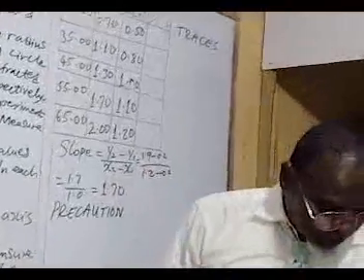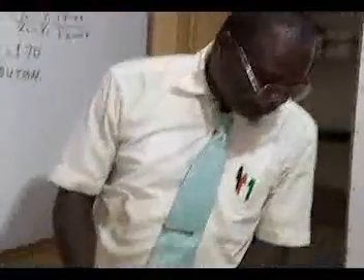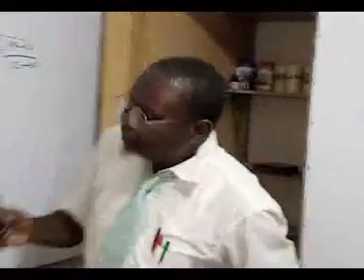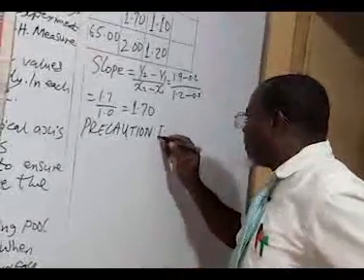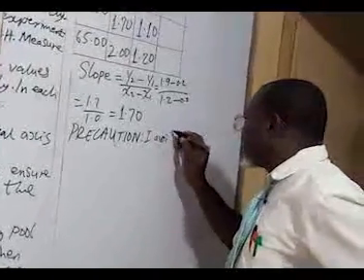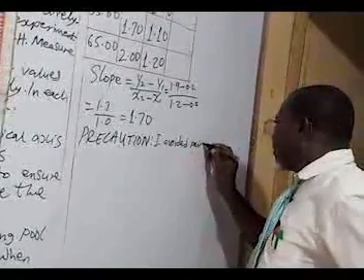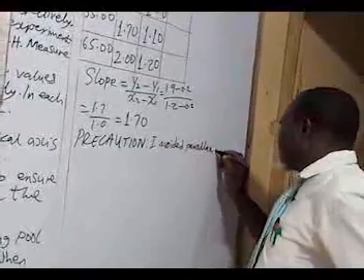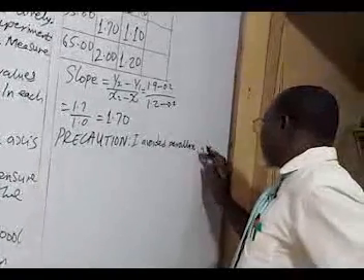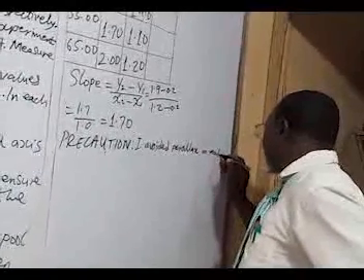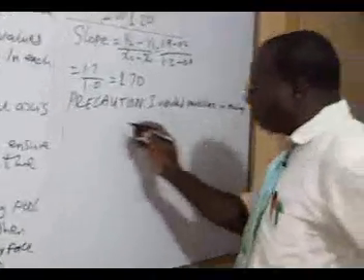Then another precaution here is: I avoided parallax error in reading protractor.